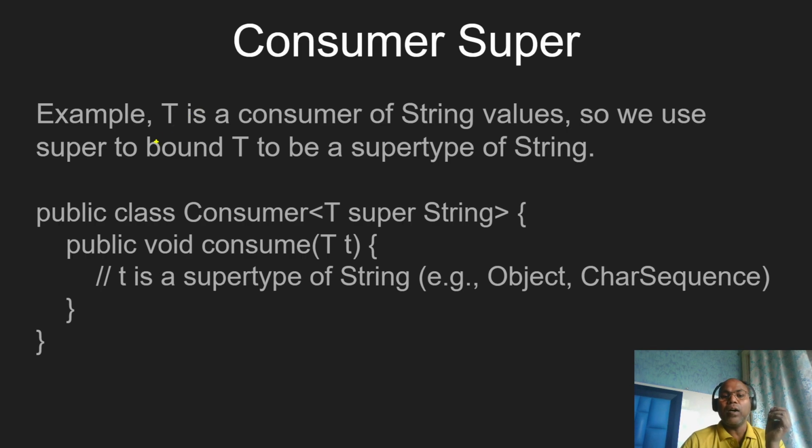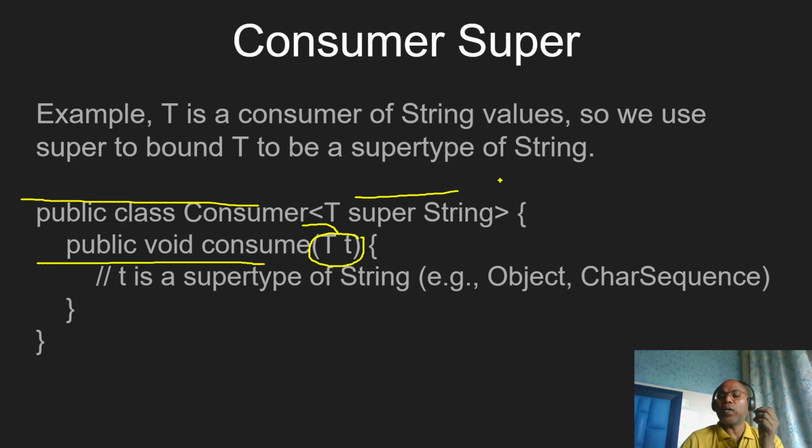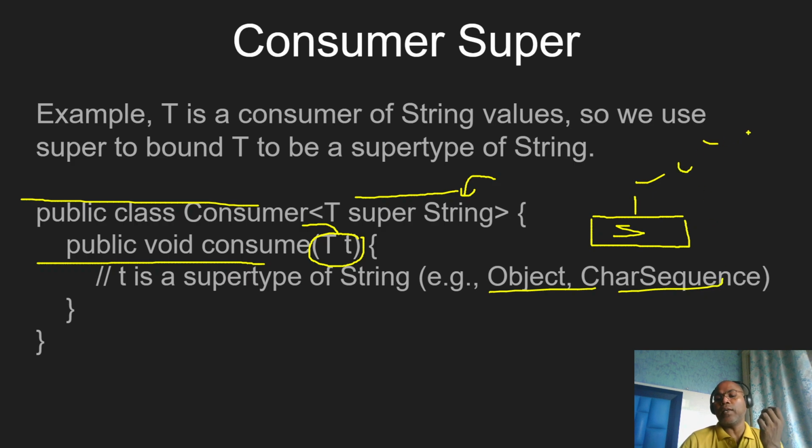So here say we have written a class. Here we are writing one class method consume, they are receiving the value T, type of T. So here T should be a super of whatever the bounded type is, string, number, float, whatever you want. That means we can receive this, whatever the type, string, and its super classes. Super class may be Object, maybe CharSequence, maybe any super class.